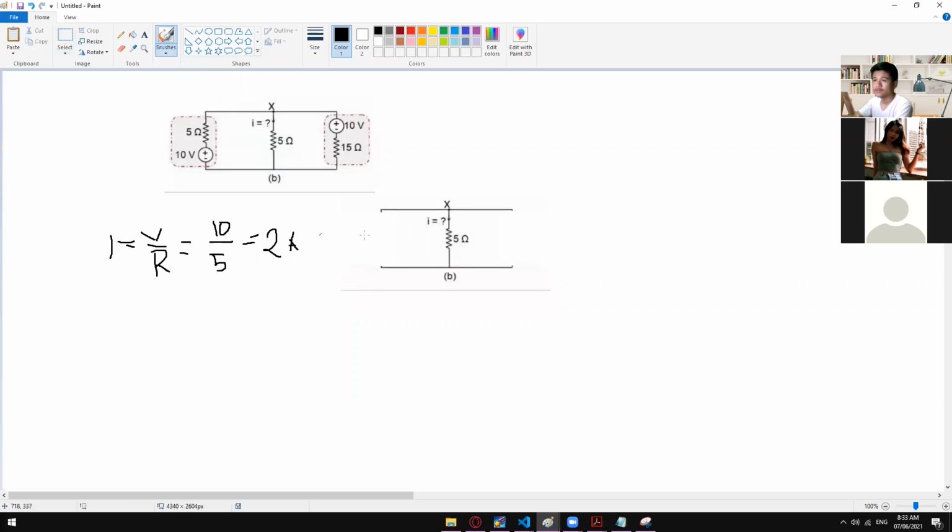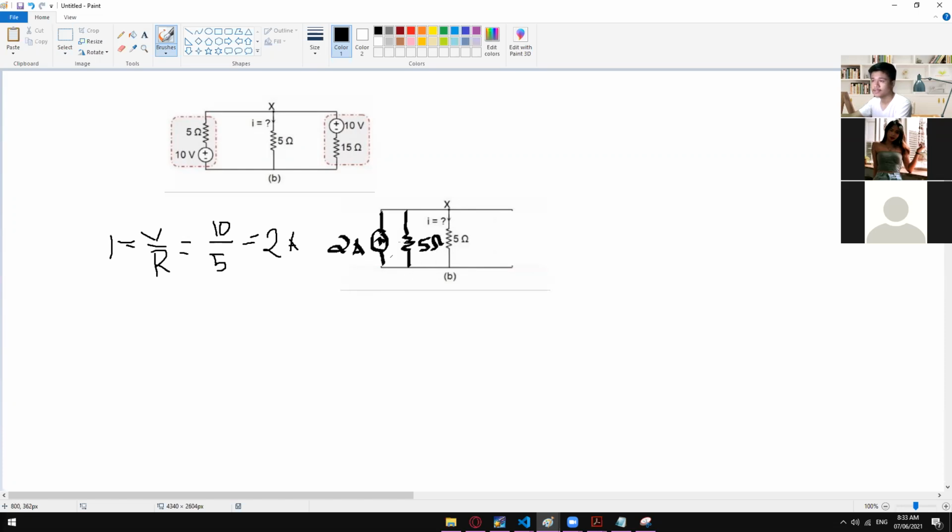All right, so here, the current will stay right here, and then the resistance will be placed in here. So the current is 2 amps, and the resistance value will stay the same, so 5 ohms right here.